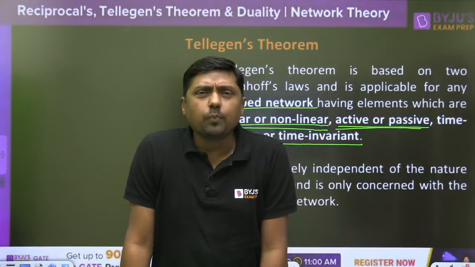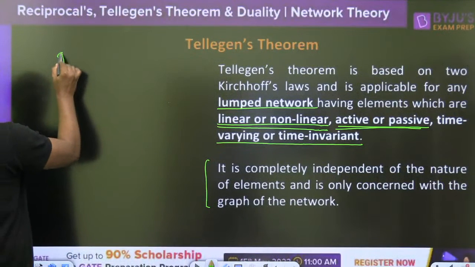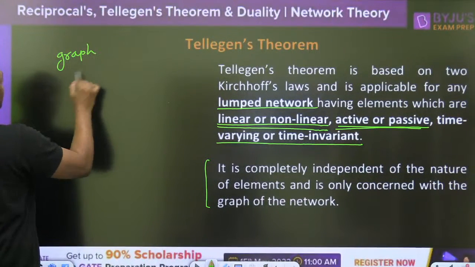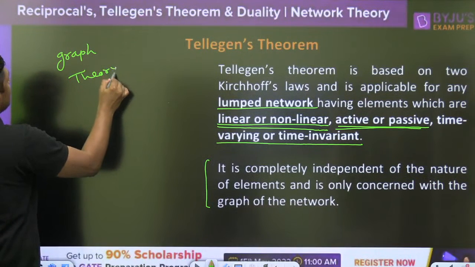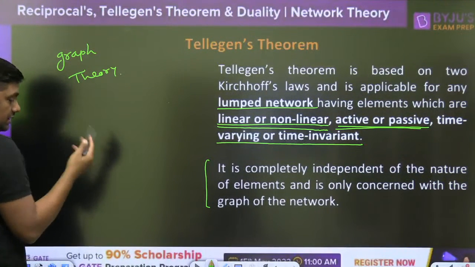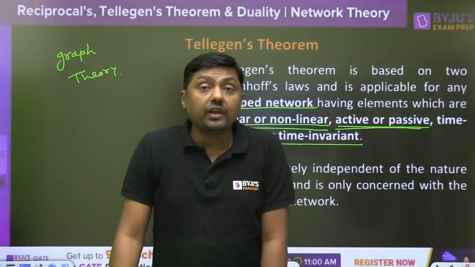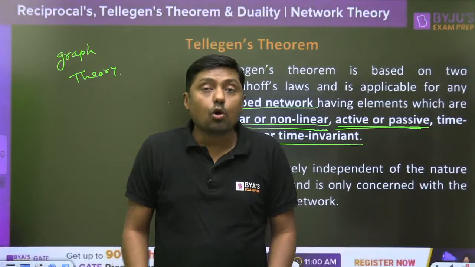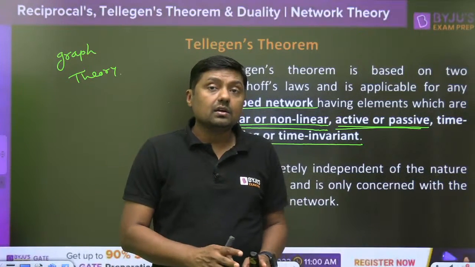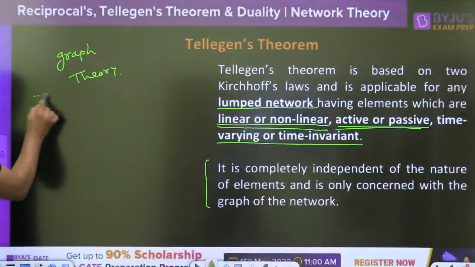There is a topic called graph theory. This is a very, very important topic. Here we learn about the twigs, the links, the chords, and the tree. These are the concepts in graph theory.